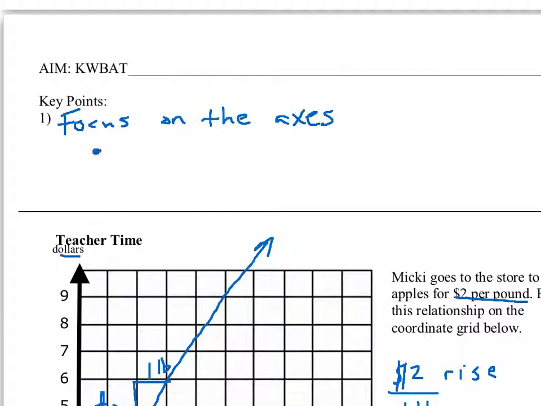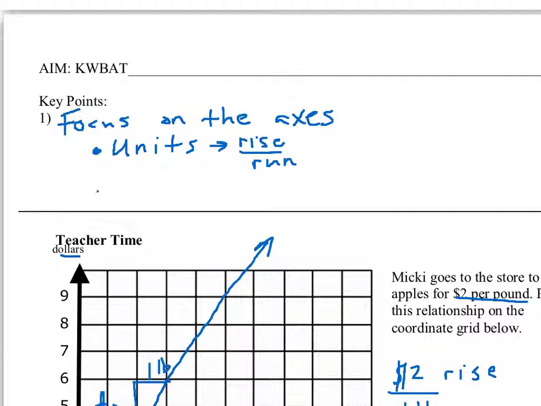So focusing on the axes, there are 2 things we're focusing on. Number 1, Jordan has already pointed out. Units. Make sure your units line up. Rise over run. What's the other thing you have to focus on when you're looking at those axes? Frida.